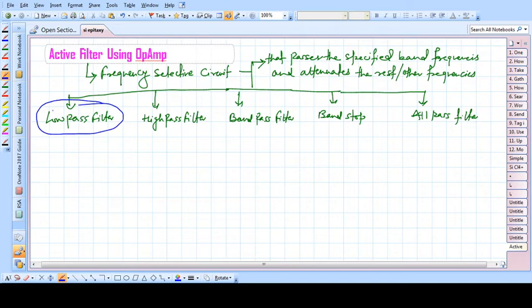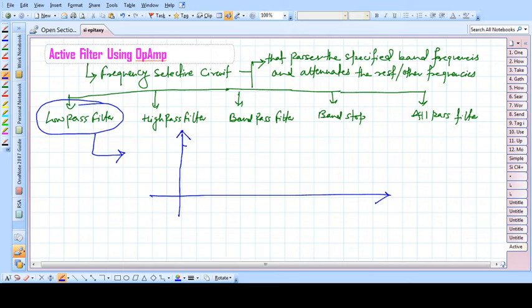Okay, so in a low pass filter we can pass a specified band of frequency. So I am just showing you the frequency response of a low pass filter, then we will discuss the circuit.